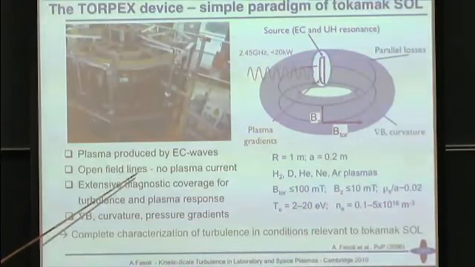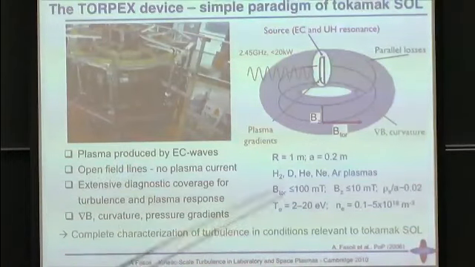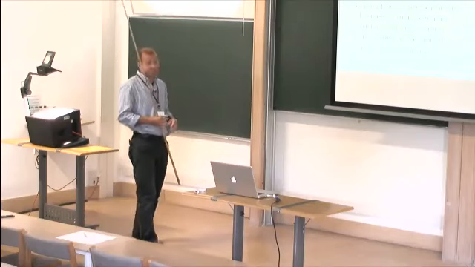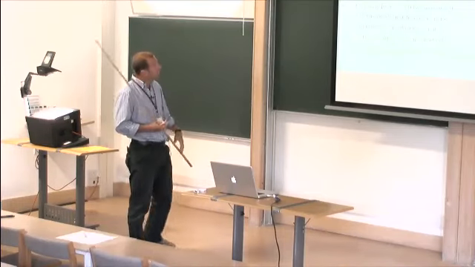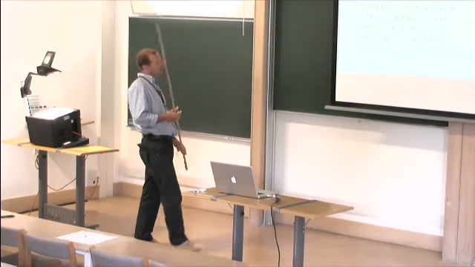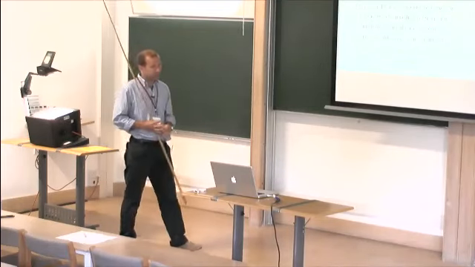We have no plasma current. And of course, in plasmas that are of the order of 10 eV for electron temperature and 10^16 for density, you can put probes and also the diagnostics inside and cover the whole cross section, which is a key point here. And as I said before, we have pressure gradients, obviously, and grad B and curvature effects.